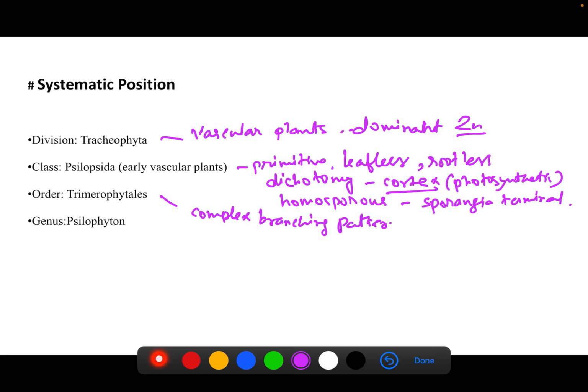That is why they have been kept in Trimerophytales. Mainly we will see this unequal dichotomy, showing a trend towards what? Pseudomonopodial.